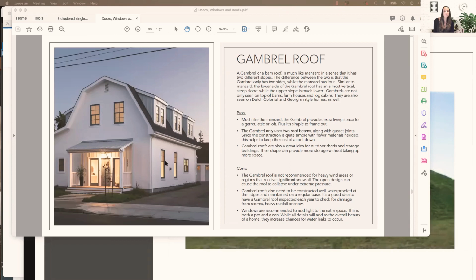Fewer materials are really needed. It is not great for snowfall or heavy wind areas. Same thing with the hip roof. If it's not constructed well, it could be prone to leaks because of all the connection joints. And you do get that extra, just like the mansard, you get a lot of that extra living space in the roof area itself and extra light.